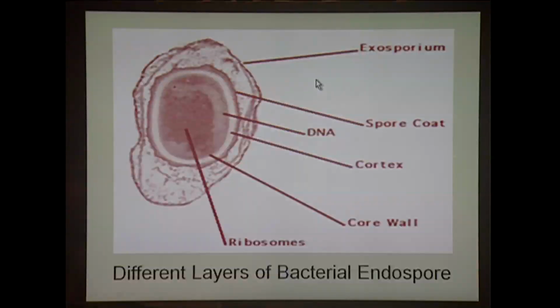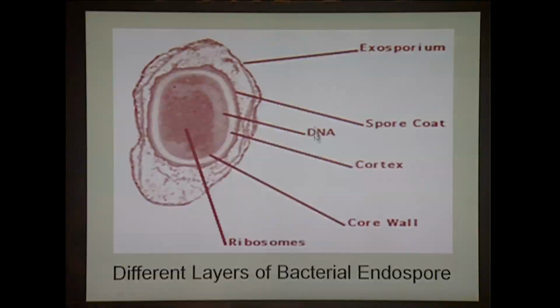This is a complete endospore which has a very thick wall which includes the exosporium. The exosporium, spore coat, cortex and the core wall are the primary layers, and in the exosporium you will mainly have protein and lipid. Protein may constitute up to 52% and lipid may be around 18%, which includes the cardiolipin, which includes fatty acids in the order of say 16 to 18 carbon, and the protein will also have different hydrophobic amino acids.